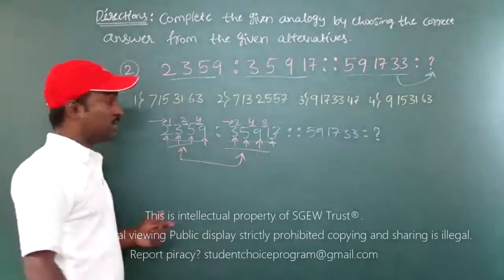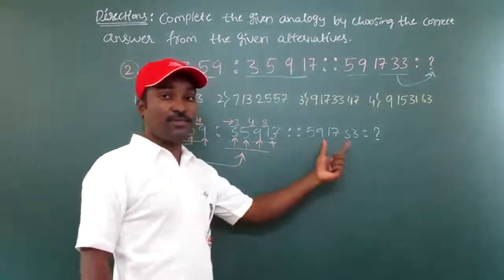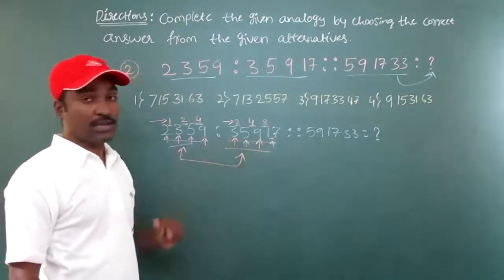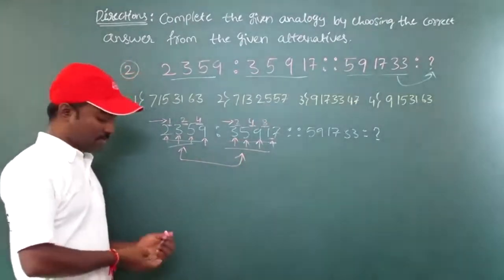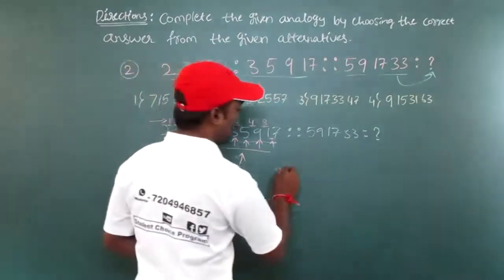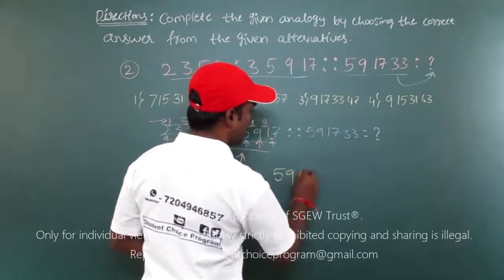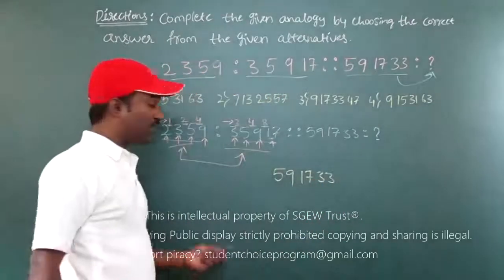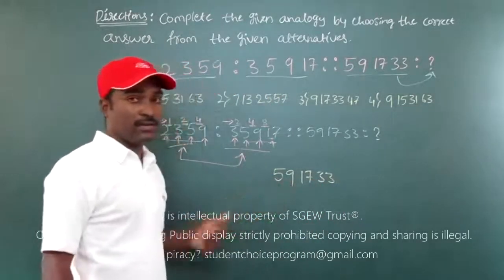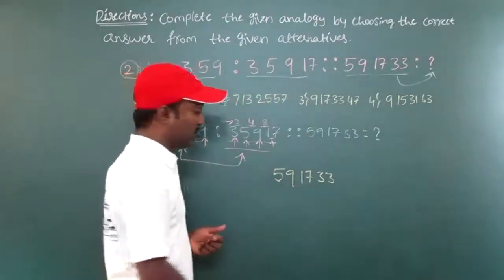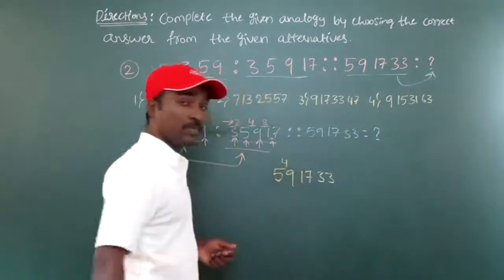The same analogy is used here to obtain the missing number. So first consider that number, 5 9 17 33. Take the difference between the first and second digit, and the second and third digit. The difference between 9 and 5 is 4.